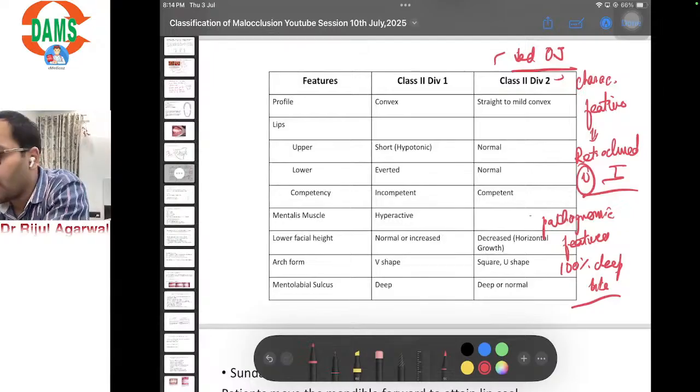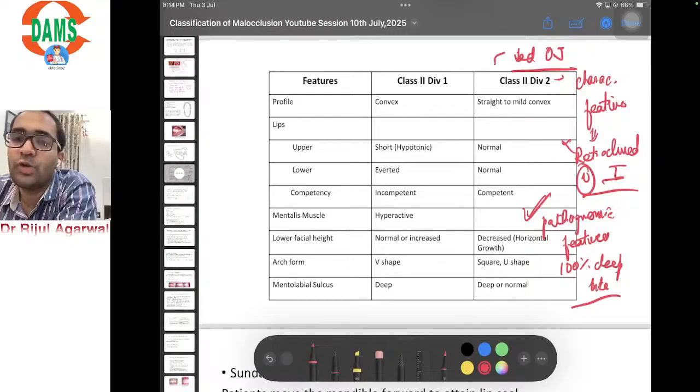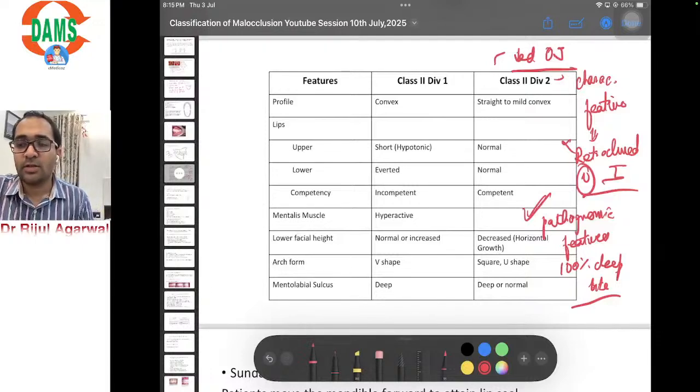Mostly the patient will come to you for correction of the pathognomonic feature, not for the retroclined upper incisors, because retroclined upper incisors mean increased incisor visibility, and increased incisor visibility is indicative of a youthful smile. So 100% deep bite, as we have already discussed, leads to lower incisor attrition, palatal mucosa inflammation, ulceration in the palatal mucosa and all that.